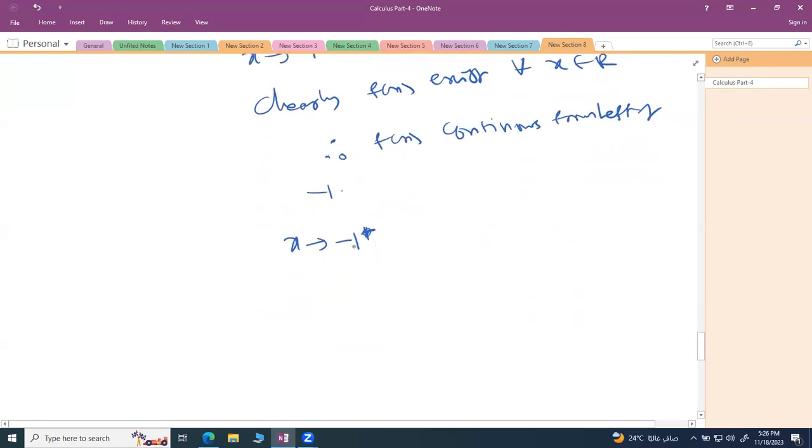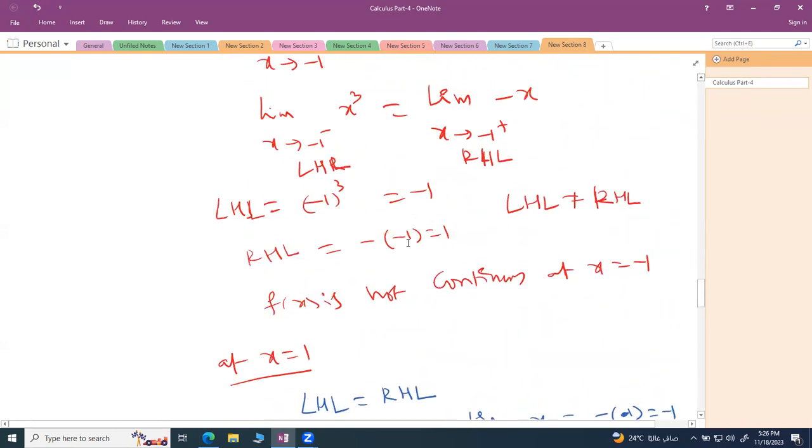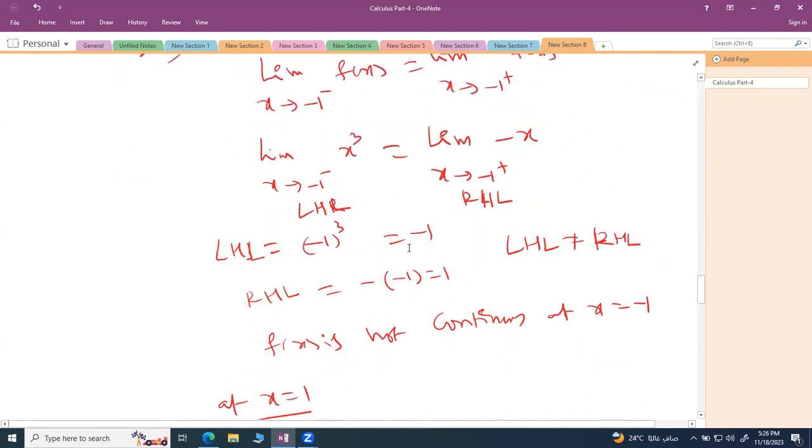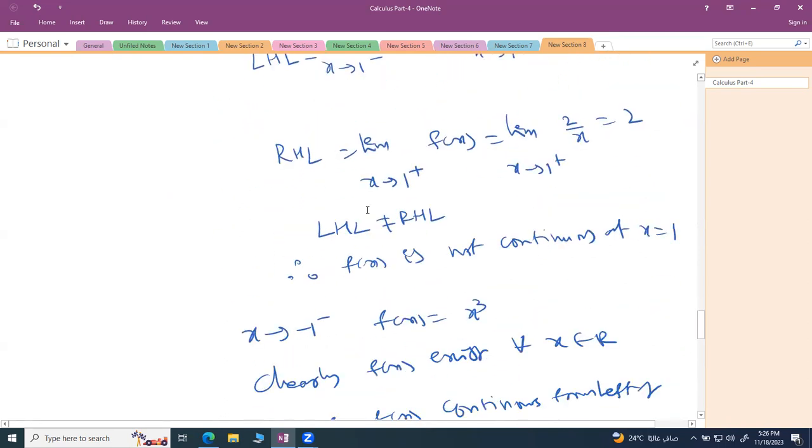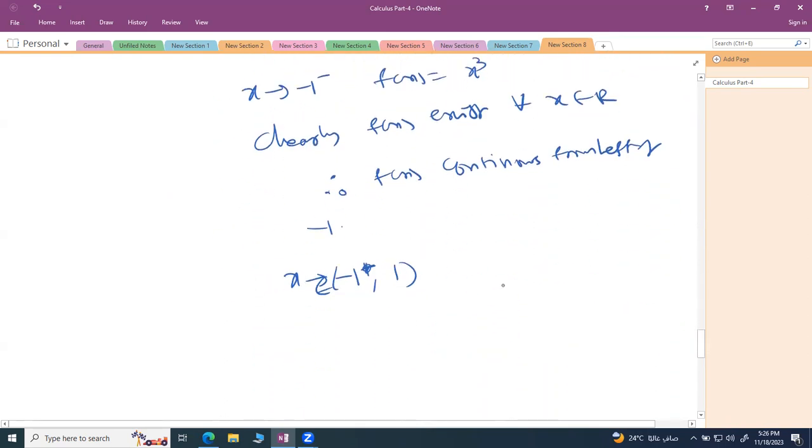Between minus 1 and 1, x belongs to minus 1 comma 1, f of x equal to minus x. So f of x is not continuous from the right of minus 1.